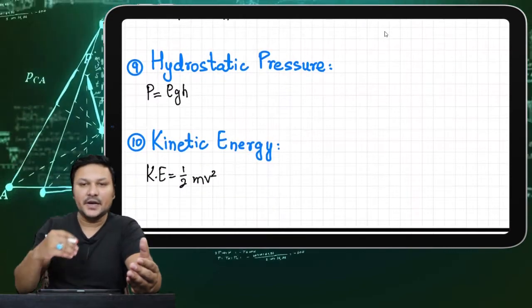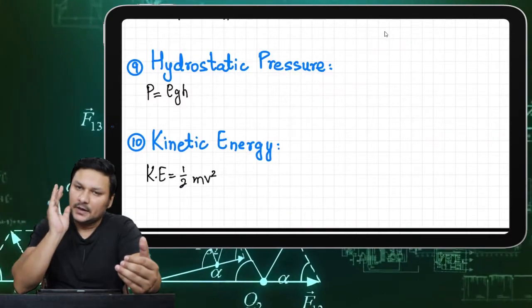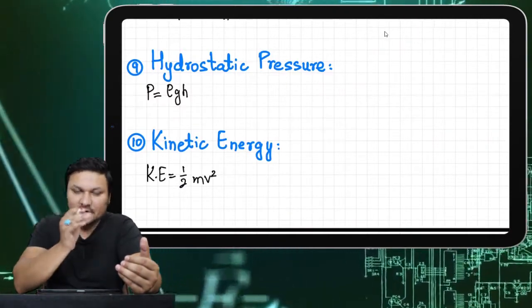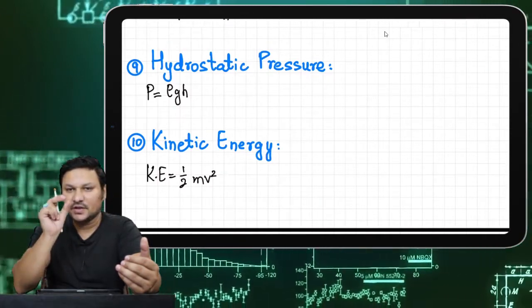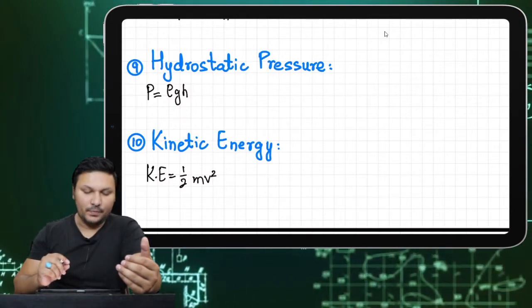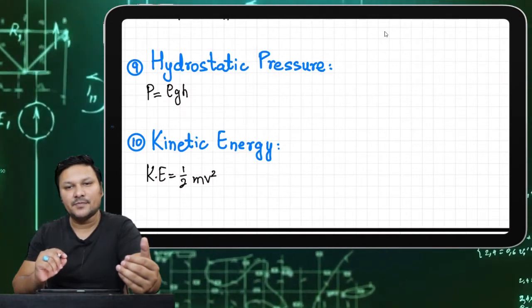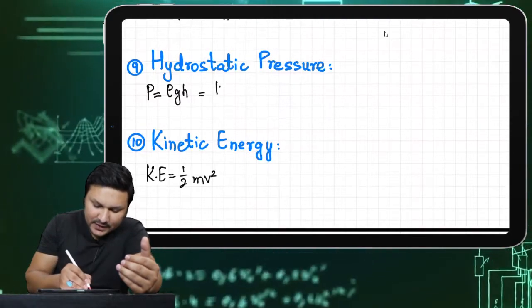Hydrostatic pressure, let me tell you one thing, whichever type of pressure you are going to talk about, whether it would be a general pressure, that is F upon A, or whether it would be a hydrostatic pressure, the base unit of pressure would be same. So pressure equals density times acceleration due to gravity times height.